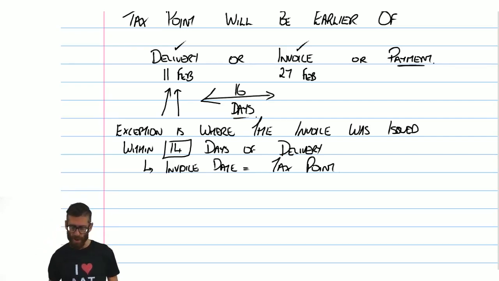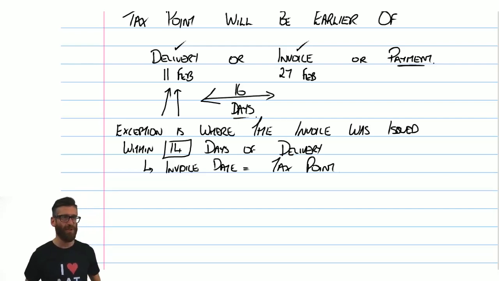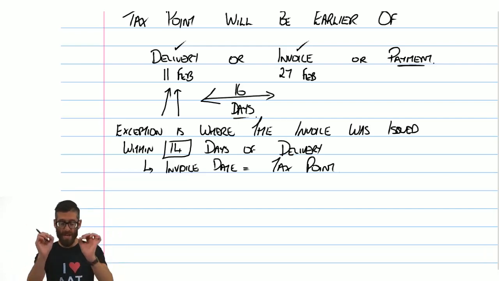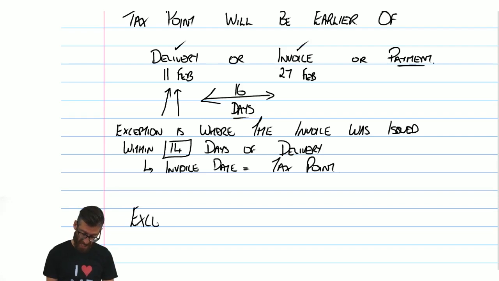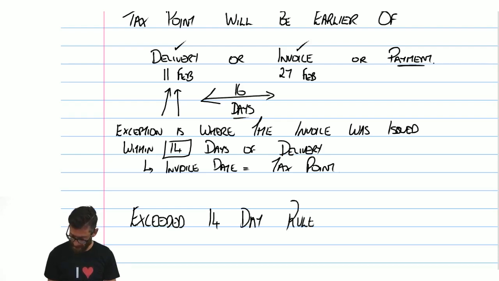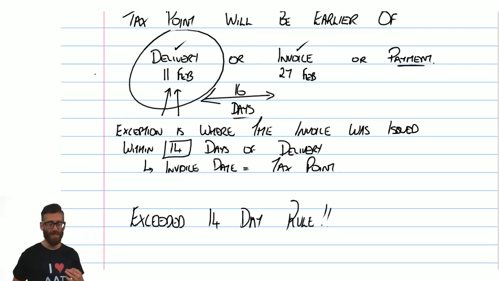Had they issued the invoice on the 24th of February, some 13 days after delivery, the tax point would have been the 24th. But because it took them 16 days, they have exceeded the 14-day rule. And therefore, the delivery date must be used.